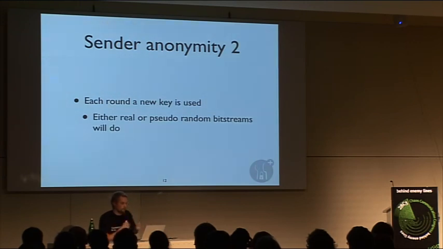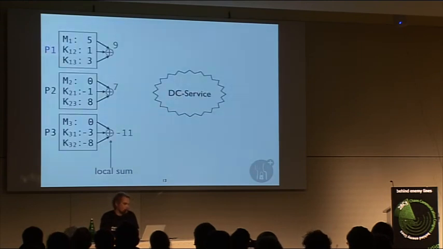If you use pseudo-random bit streams, then you will face the problem that it's computationally attackable. So to give you an example of how a DC round could work, here you see 3 participants, P1, P2, and P3.